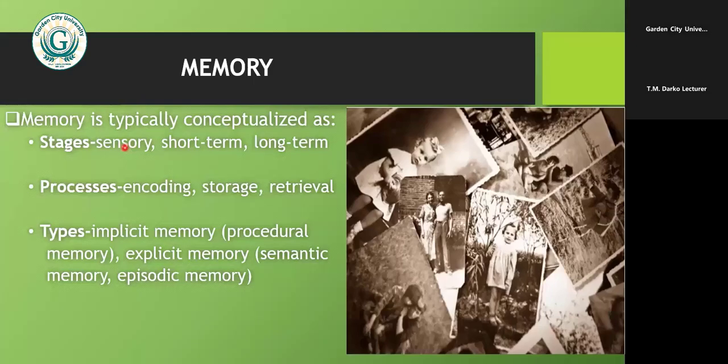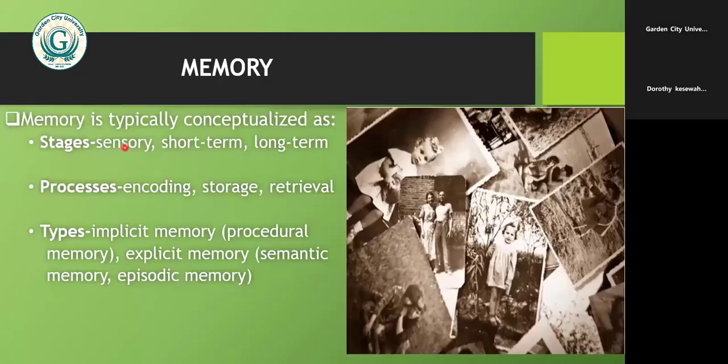So, what are the sensory organs in the human body? This is a KG2 question. There's no way I'll ask you this, but you should know. What are the sensory organs of the human body? The eye, the nose, the ear, the tongue, and then touch, the hand.